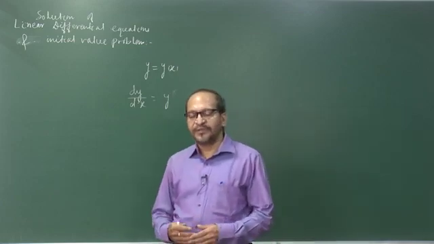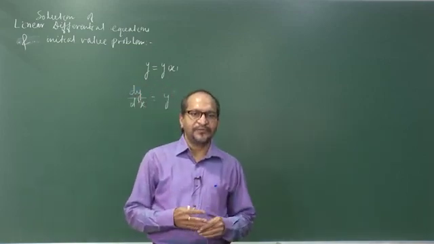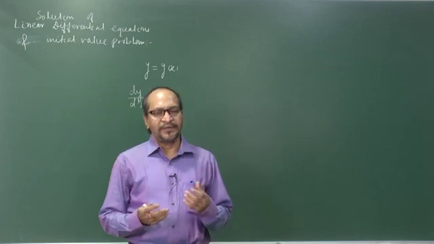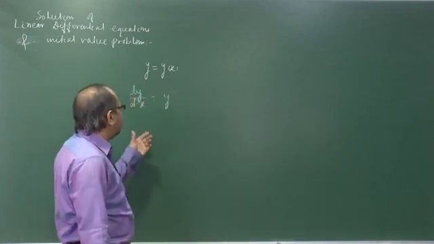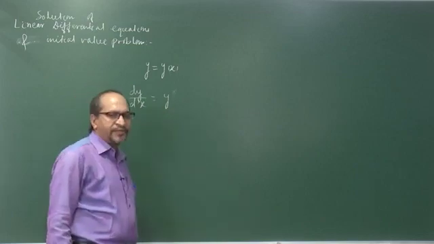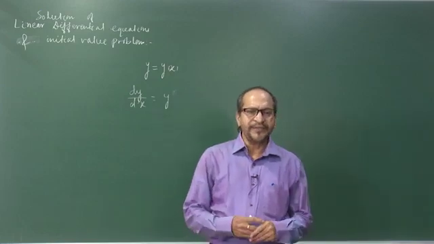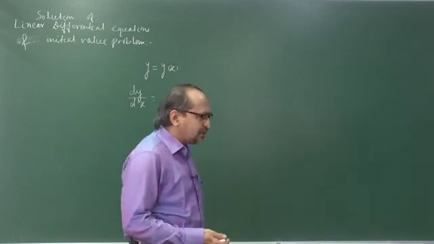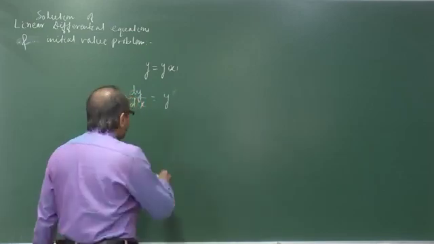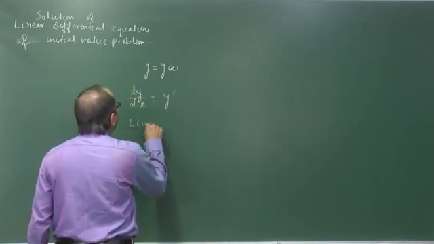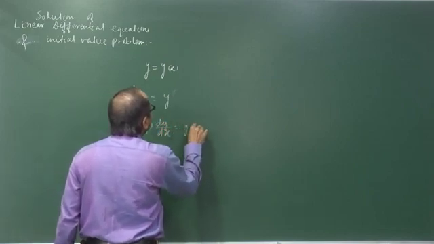So, a differential equation involves the derivatives of the dependent variable and also the dependent variable itself, for example dy by dx minus y is equal to 0. The very simplest type of equation is of the form h of y dy by dx is equal to g of x.